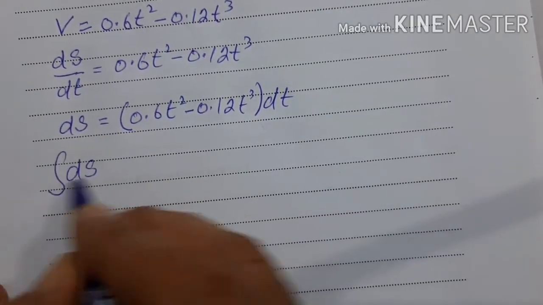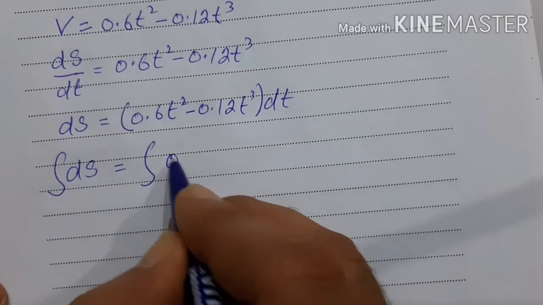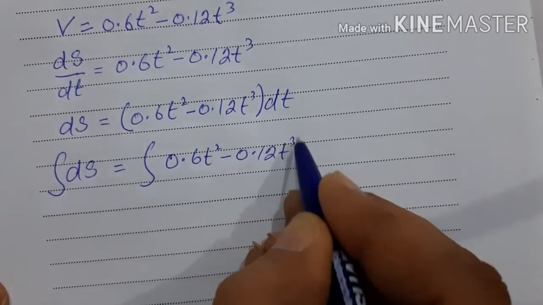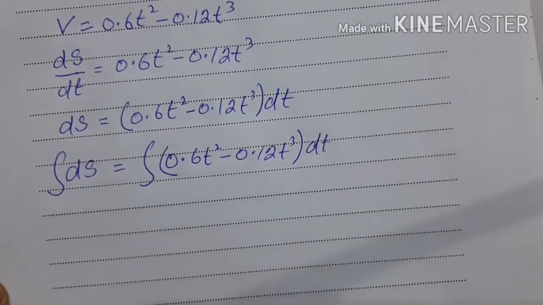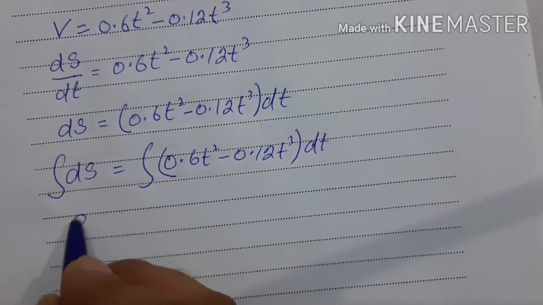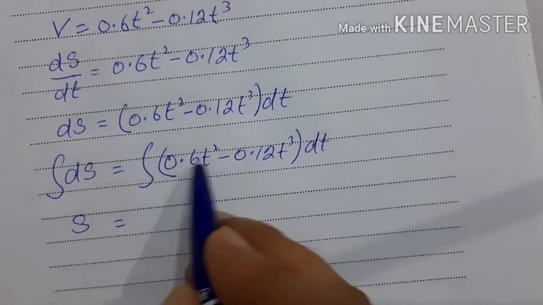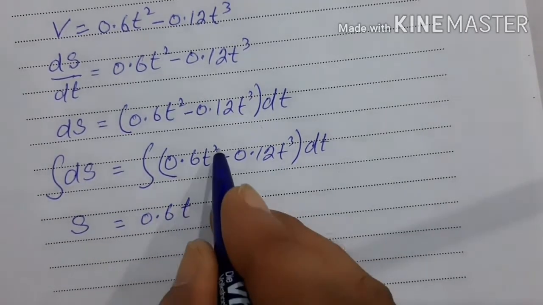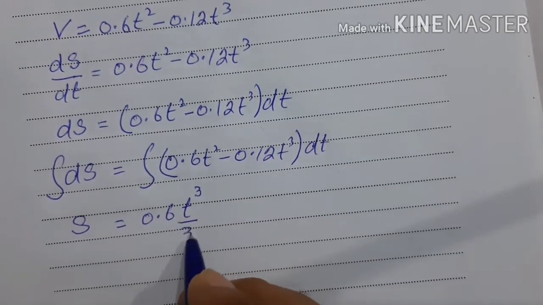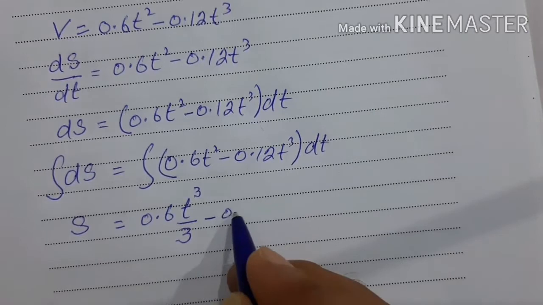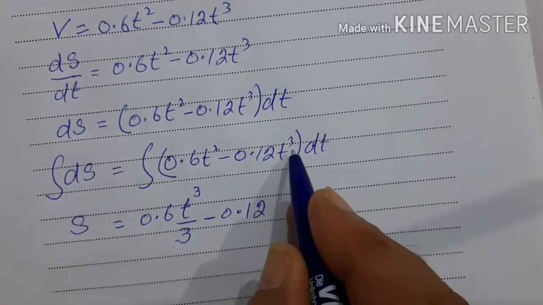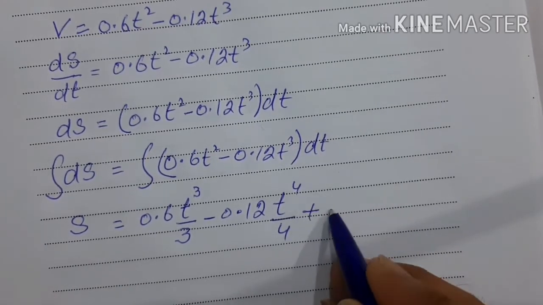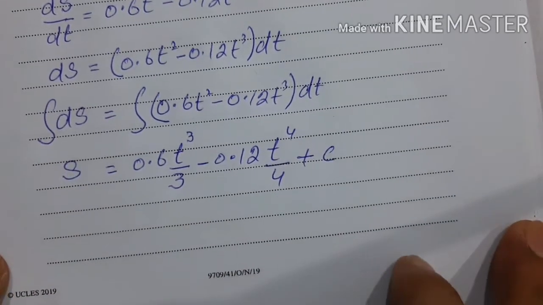So integration of ds, equals integration of (0.6 t square minus 0.12 t cube) dt. Now this will become s, and the integration of 0.6 t square is 0.6 t cube over 3, minus 0.12 t to the power 4 over 4, plus c, the constant of integration.